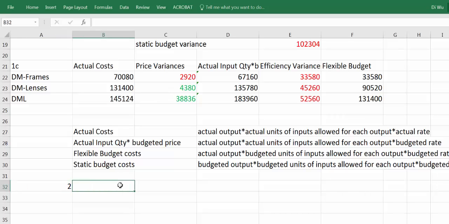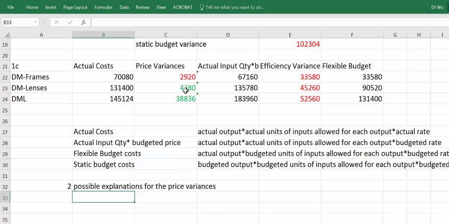So first of all, I'm going to look at the possible explanations for the price variances. You have 1 unfavorable and 2 favorable, correct?